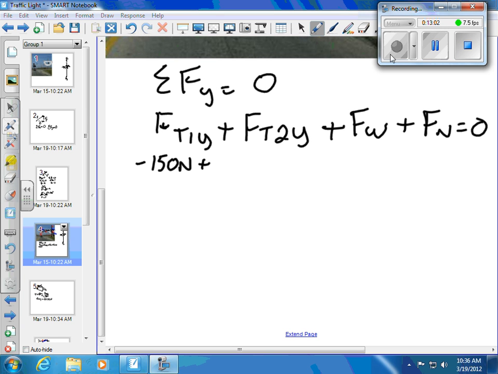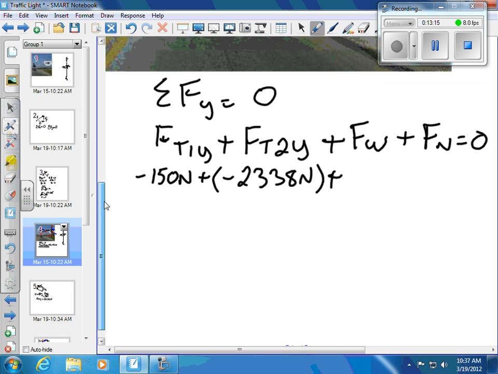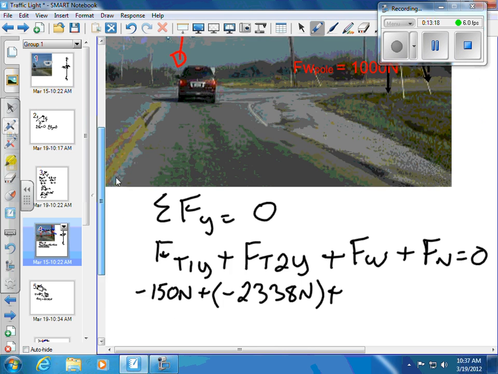So we have this one is minus 2,338 newtons. Our weight is given as 1,000 newtons, in the negative direction because it's down.